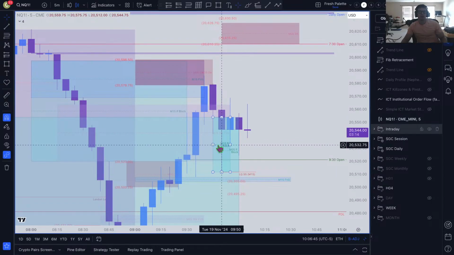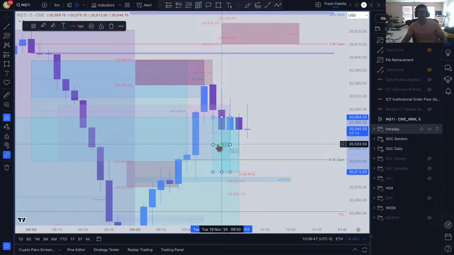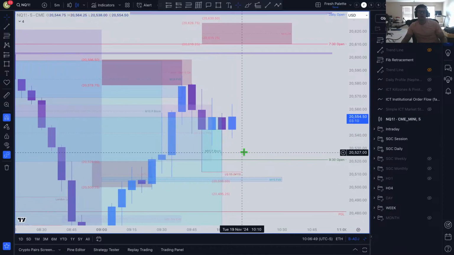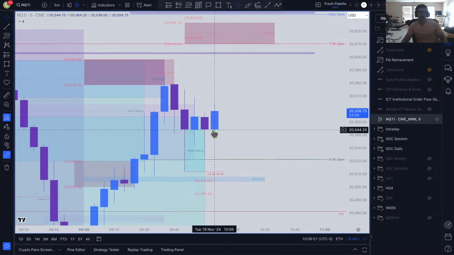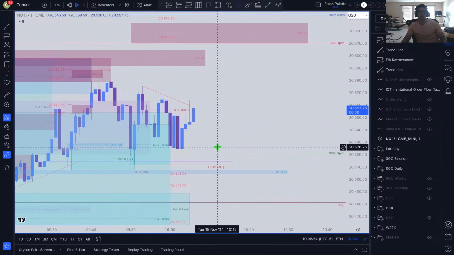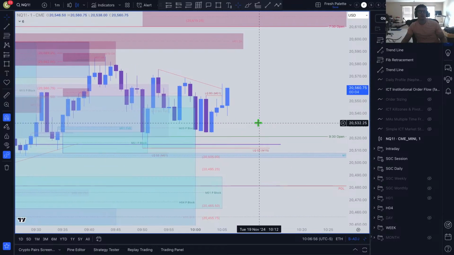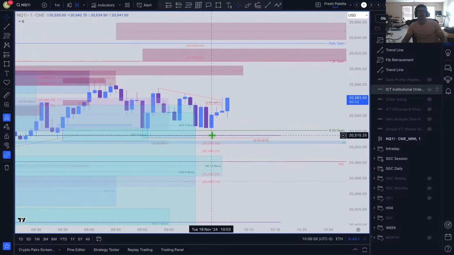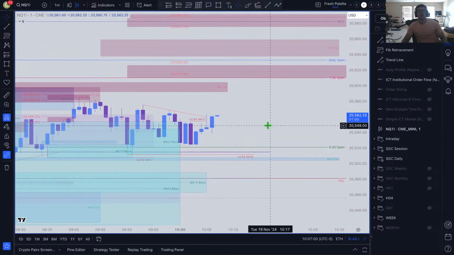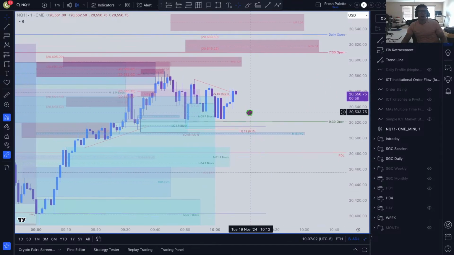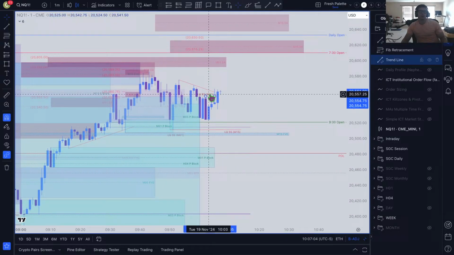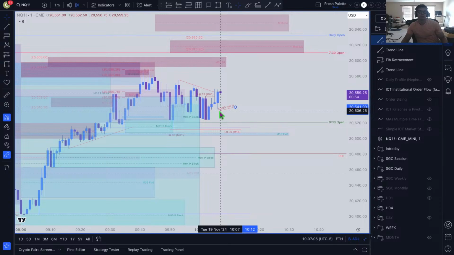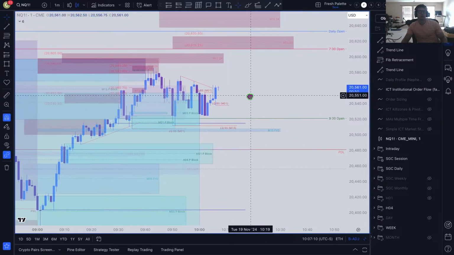But the 5 minute is arguably holding its projection block, which is that idea here, and you're closing right on it, right? So we get this sort of closure out of here, you can almost take the trade as is. Maybe you get a sweep of this low here, and that would be the better trade.